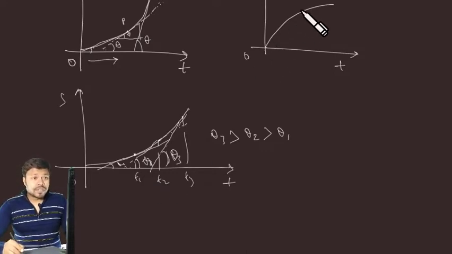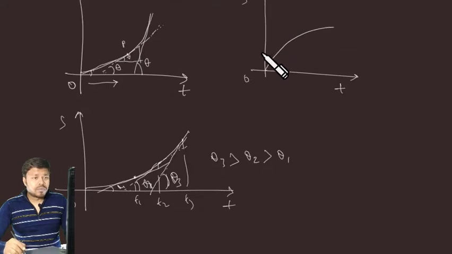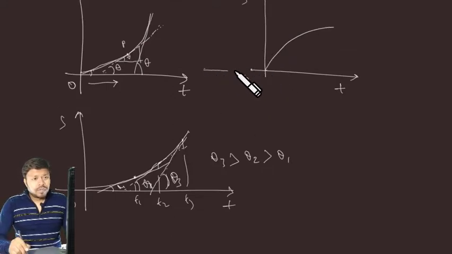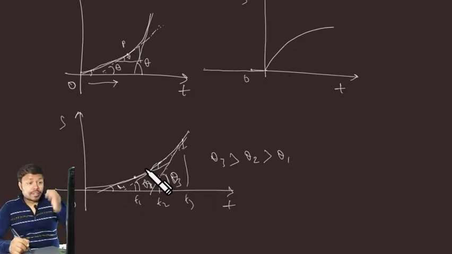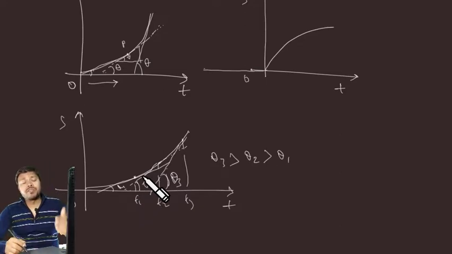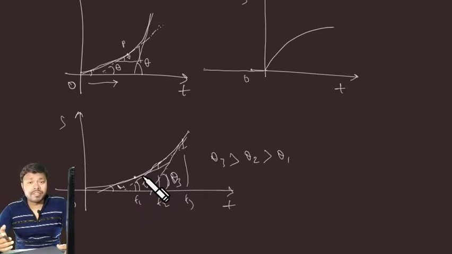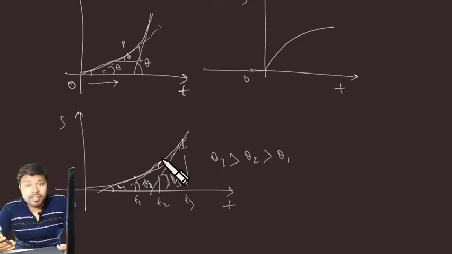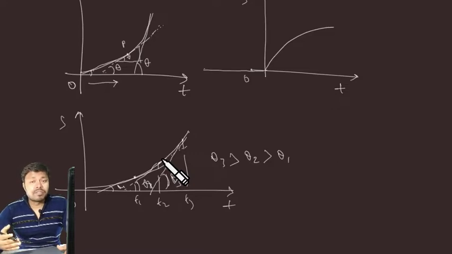What happens in this case? See, now before going to that, I must tell you one thing, that in this graph, where the velocity is increasing, what is the meaning of velocity increasing? Velocity increasing with time means the body is accelerating and the acceleration is positive.